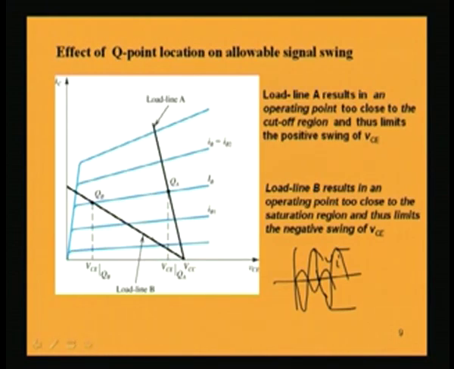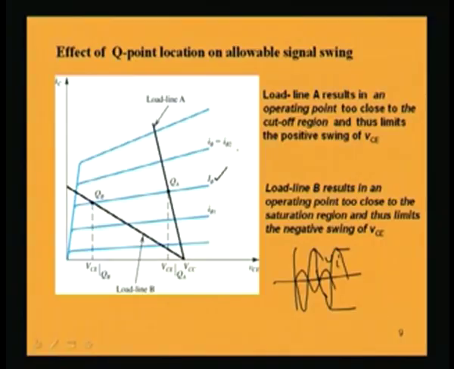This load line and this load line, load line A and load line B, are different; the slopes are different because the slope is determined by the resistance in the collector, RC. So, if I change the RC value, I have a change in the slope of the load line, and changing the slope will have an effect on the Q point.